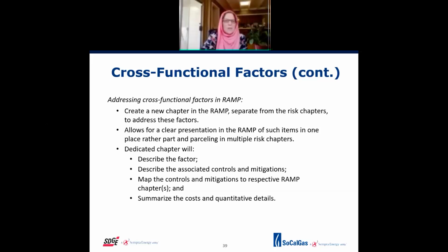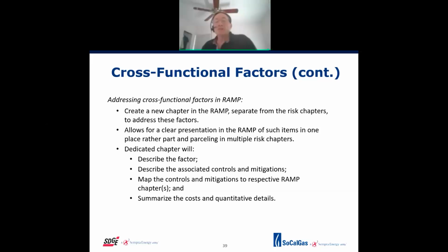Look, I think that's what I was meaning. Sorry about that, Joe. I think that's what you're talking about, that you would be taking the calculations, the RSE, the risk reduction calculations from this, and then mapping them into the respective RAMP chapters. That's what you're saying, right? We're using the word map. I'm not sure if you and I are using the same definition of the word map.